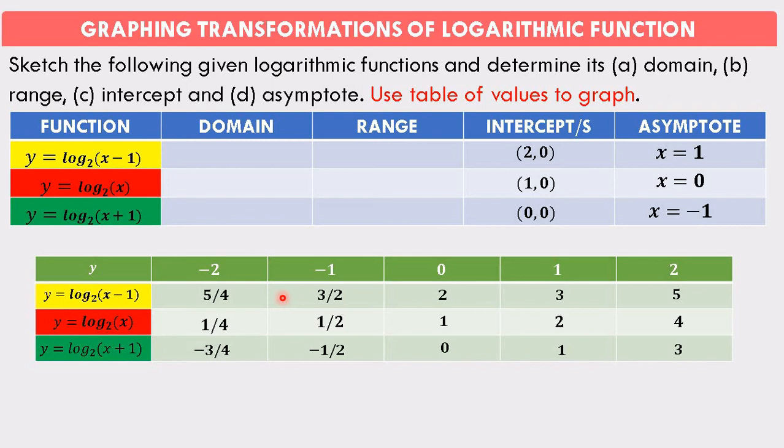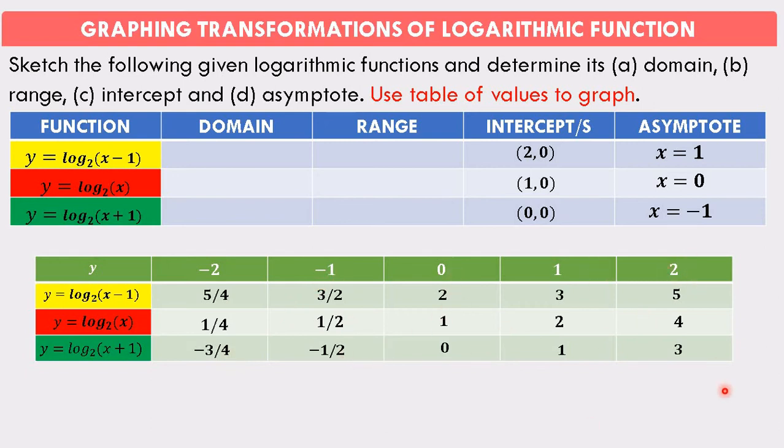For the yellow function, we have negative 2, 5 over 4; negative 1, 3 over 2; 0, 2; 1, 3; 2, 5. For the red, we have negative 2, 1 fourth; negative 1, 1 half; 0, 1; 1, 2; and 2, 4. And lastly, for the green one, we have negative 2, negative 3 over 4; negative 1, negative 1 half; 0, 0; 1, 1; and 2, 3.